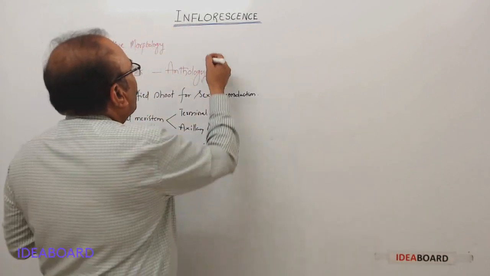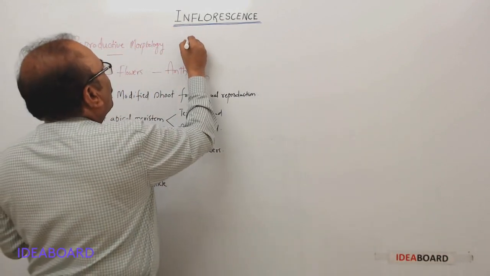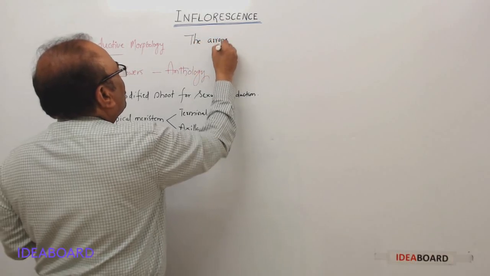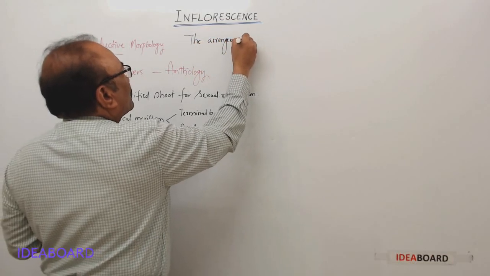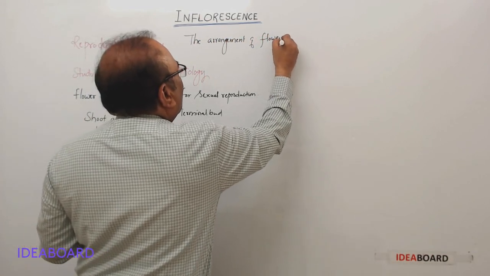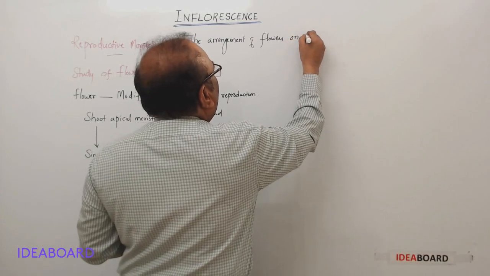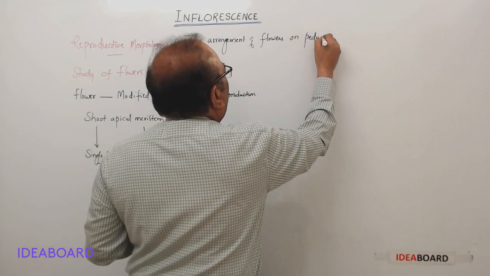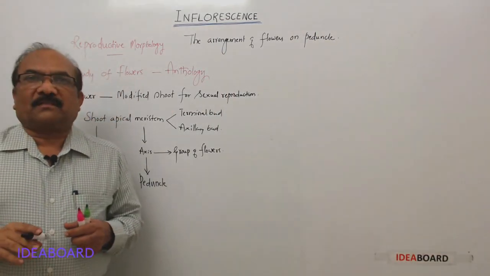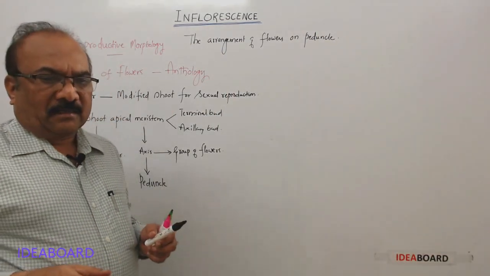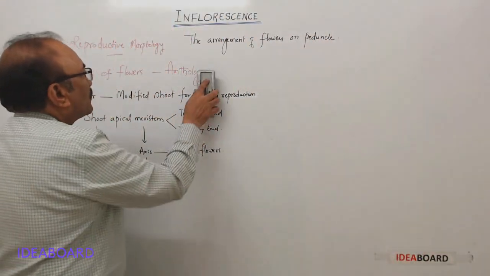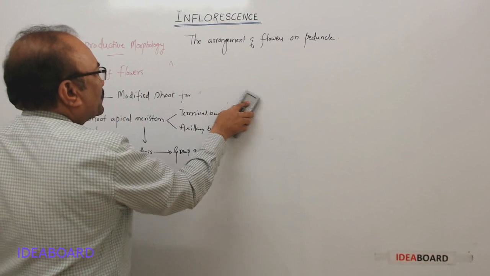So what is inflorescence? The arrangement of flowers on the peduncle is called inflorescence. And inflorescences are of different types.